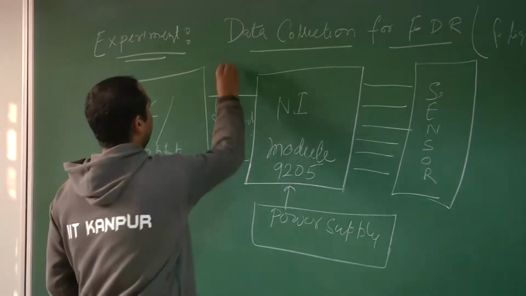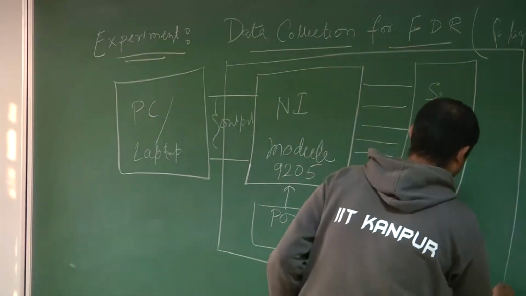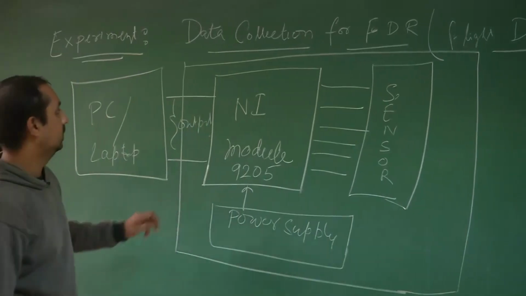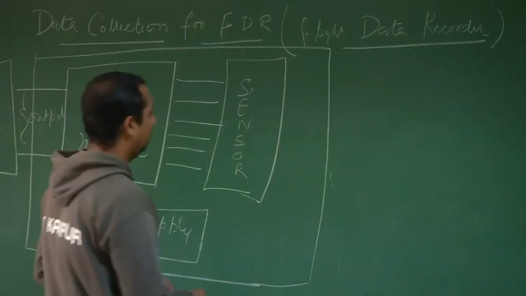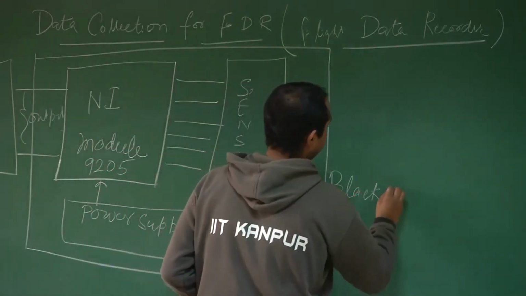And this whole part is known as your flight data recorder. The output will be displayed on your laptop, or simply you can call this as black box.